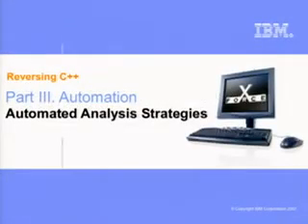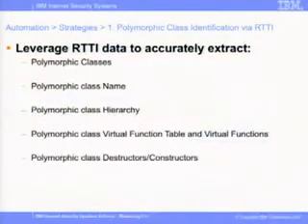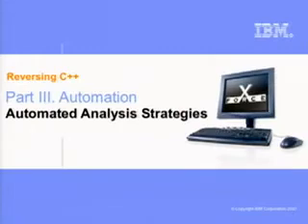Okay, here are some of the strategies that we use. It's good if you have RTTI info, but when RTTI is not available, we resort to some heuristics to do the automation.